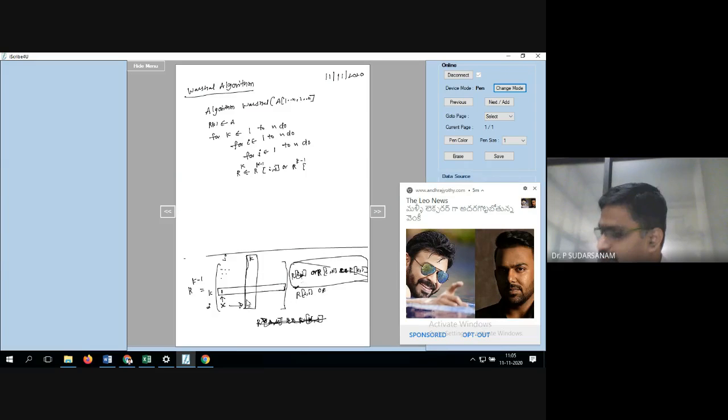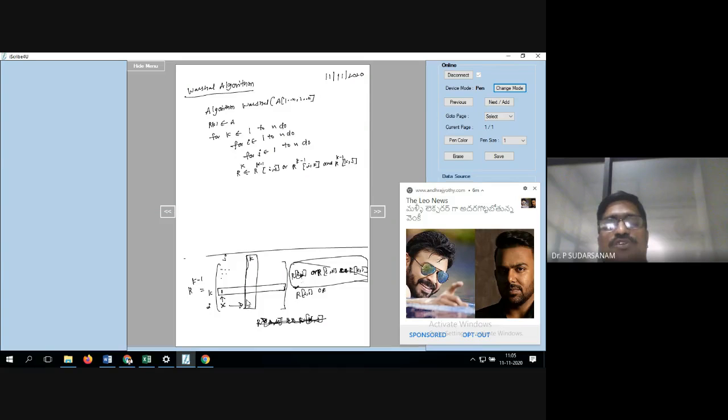This is nothing but i to k and R to the power of k minus 1, that is nothing but k to j. Any doubt to write this? Your program, one program over. In the main program you have to take the input values.